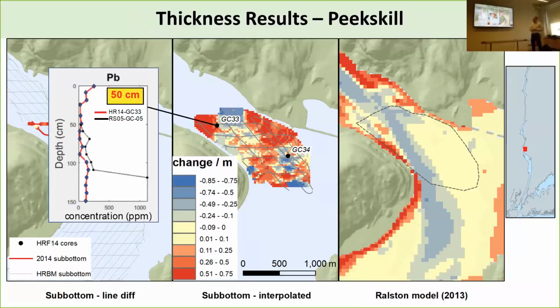And if you look at the core that we took on the side, it actually shows about 50 centimeters of change. We have to be a little cautious with the data because the slopes are very steep, so it can make quite a difference if you're not exactly at the same position when comparing with the new data. But it definitely seems to fit the model that near the sides we see some deposition, where in the center maybe even some erosion.